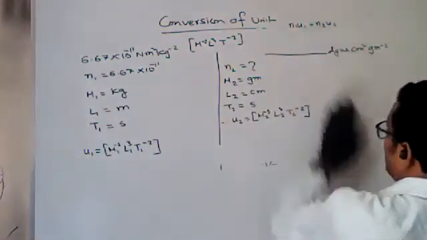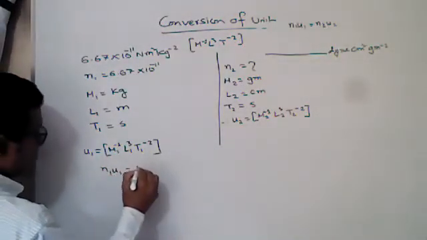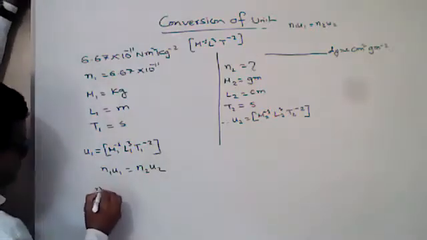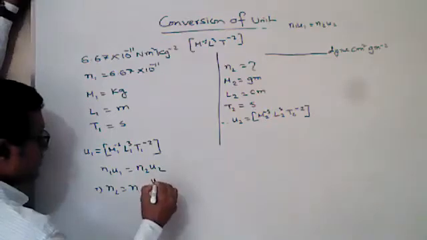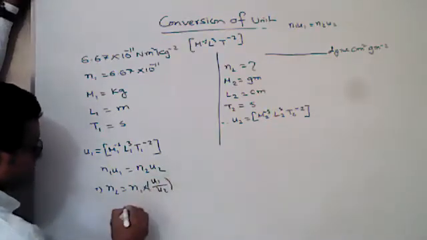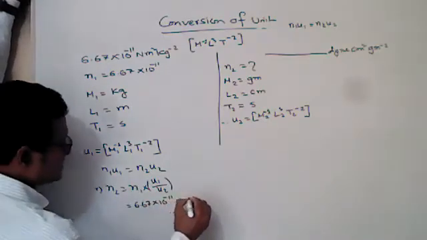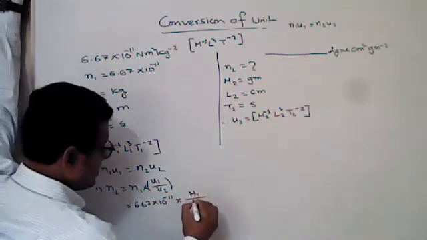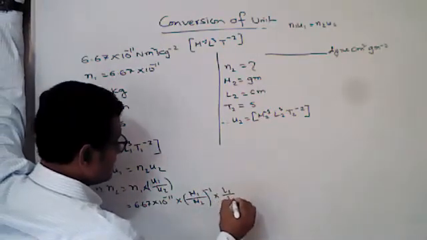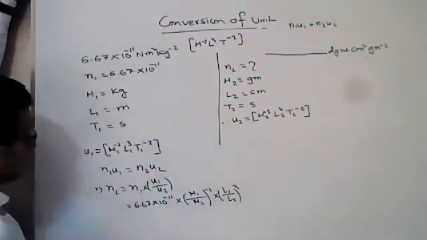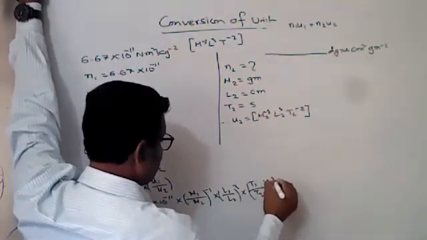Now, using this formula, we can determine N2. We know N1 U1 equals N2 U2, so N2 equals N1 into U1 by U2. N1 is 6.67 into 10 to the power minus 11. So U1 by U2 means M1 by M2 power inverse 1, into L1 by L2 power 3, into T1 by T2 power inverse 2.